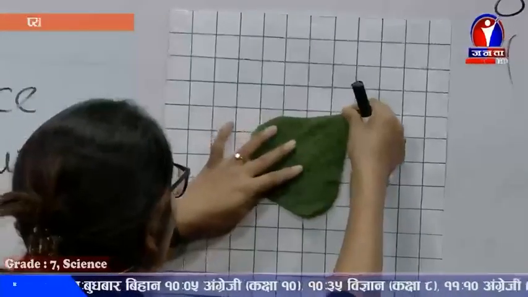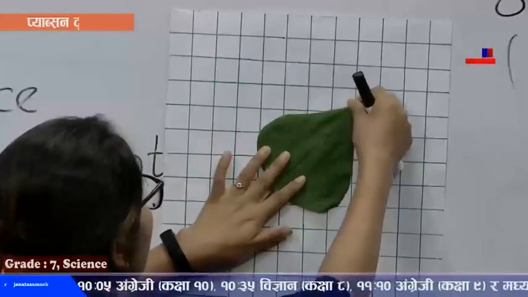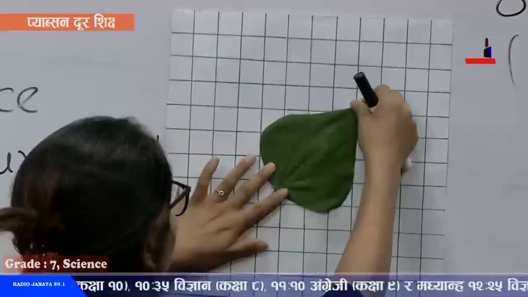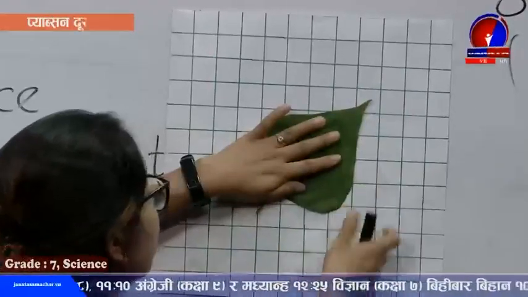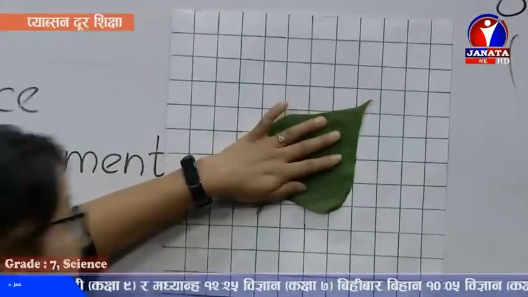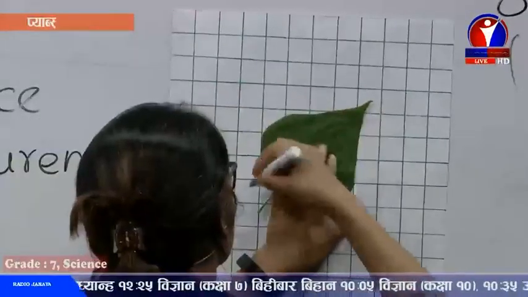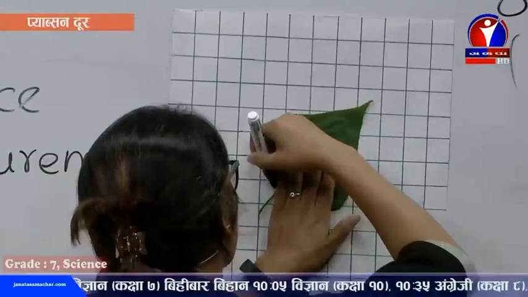So for this, what do we do? First of all, we keep it over the surface of the graph paper, and then we just get its outline. We get its outline like this. So let me draw the outline of the leaf.